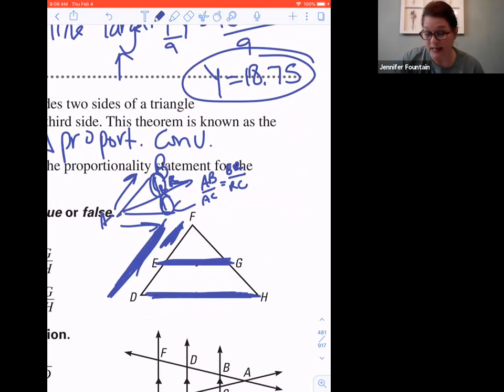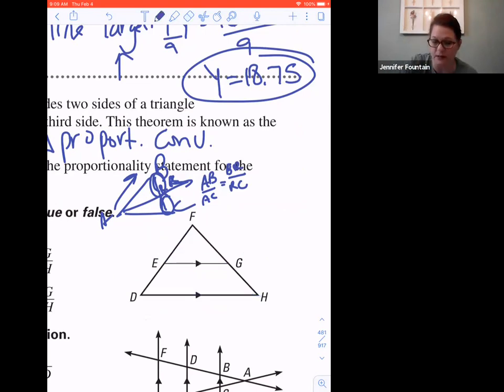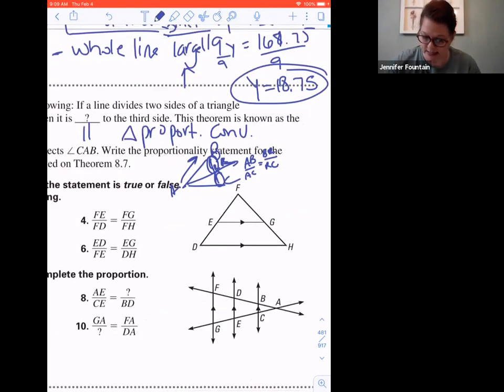Now, again, it could be compared to this short side to this long side. It doesn't matter which side I compare it to. It's still going to be a true statement as long as I'm making those proportionality statements.